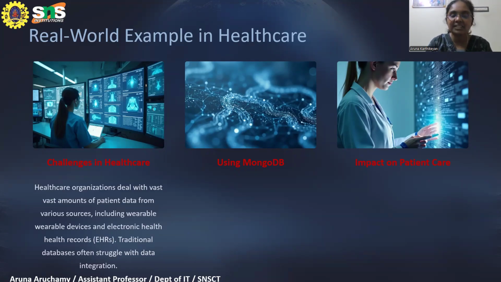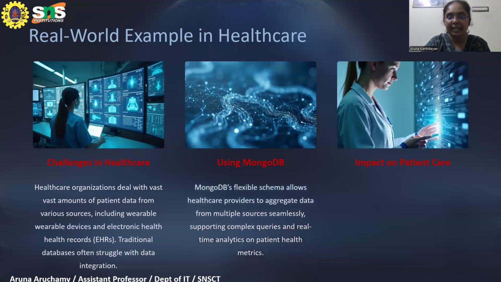In the traditional approach, this is very difficult. So we store the data in MongoDB. If I want to take the heart rate, it has certain parameters, and I can use an array. But in a table, I would have to add an extra field, which is avoided with MongoDB. It is also a flexible schema, so we can aggregate data from multiple sources seamlessly.